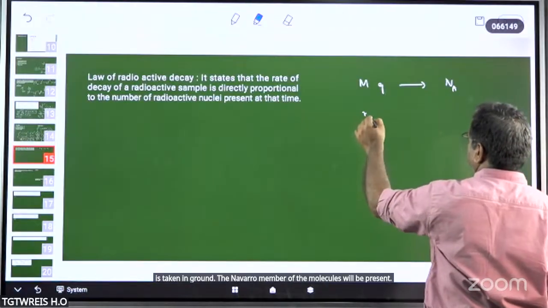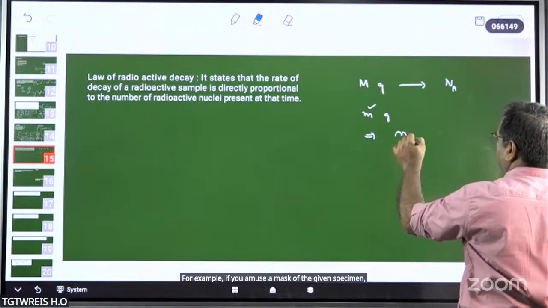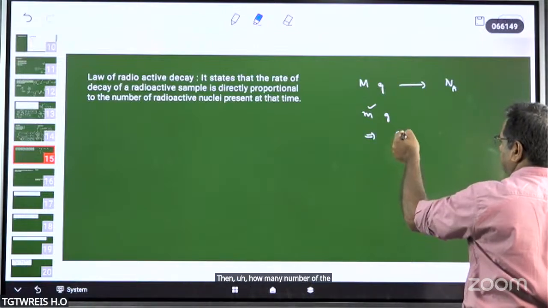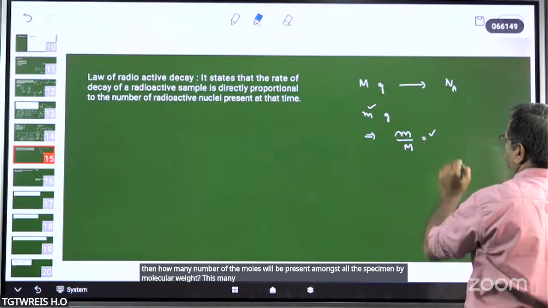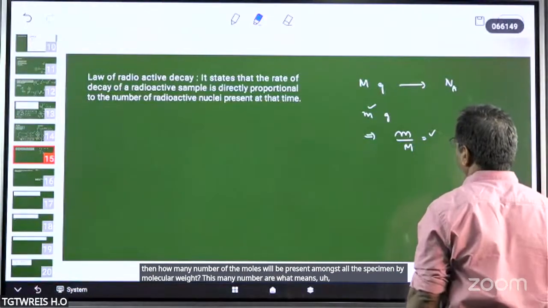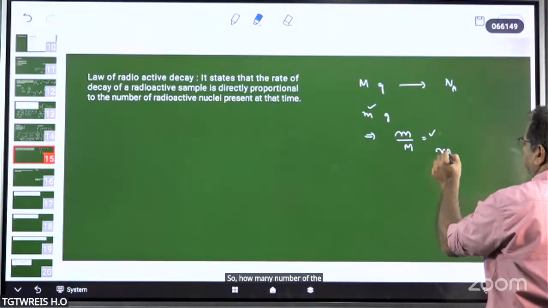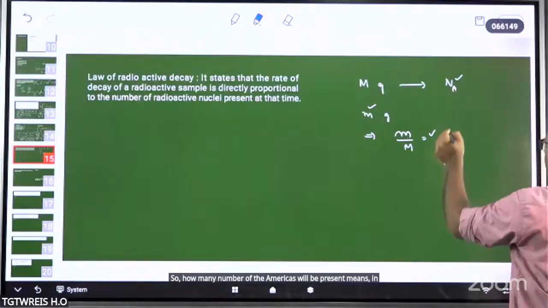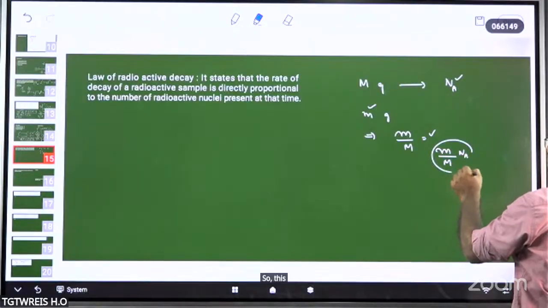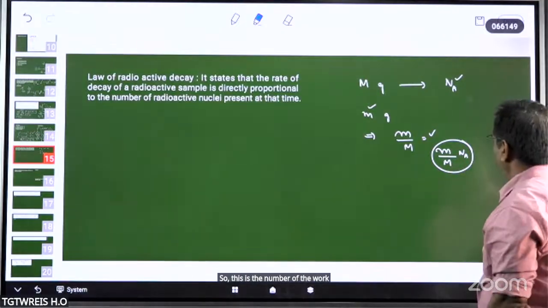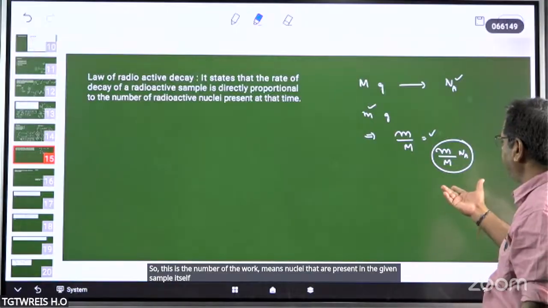For example, if m is the mass of the given specimen, then the number of moles present is the mass of the specimen divided by the molecular weight. So how many molecules will be present? In 1 mole there are Na, so for m by M moles you will get (m/M) Na. This is the number of nuclei present in the given sample itself. This we can easily calculate.